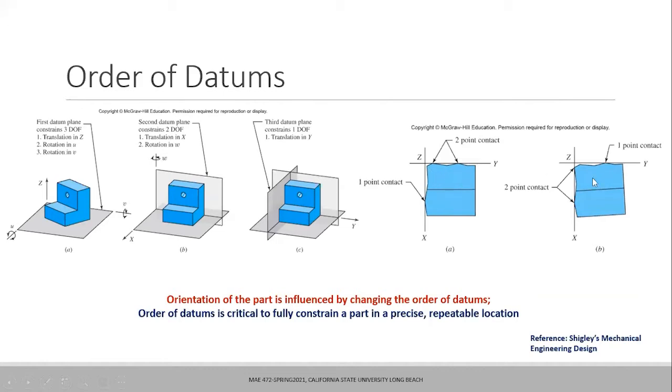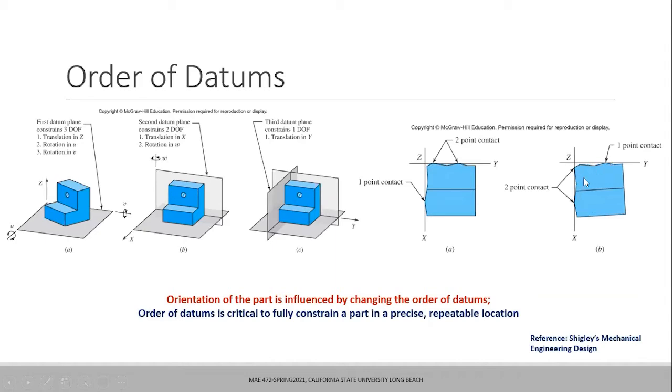However, if in the second step I press this part first against the XZ plane, then you will see it requires 2 point contact. So it will orient like this. And then I press it against the YZ plane, then it will require 1 point contact. It will be pressed against the YZ plane like this.